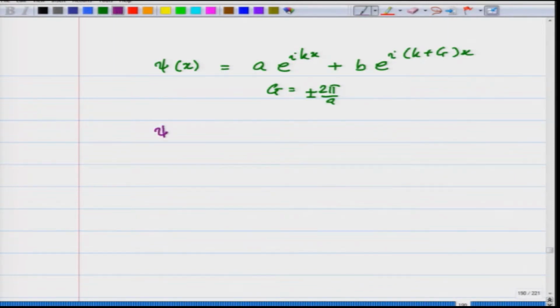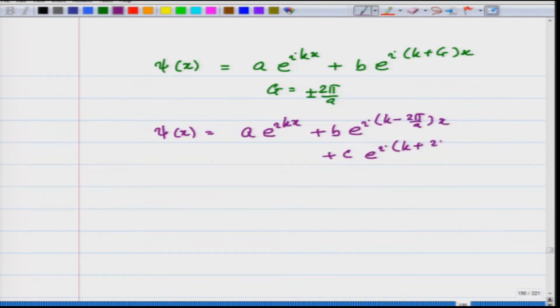Then I also showed you, if I take psi(x) to be a combination of 3 plane waves, A e^{ikx} + B e^{i(k-2π/a)x} + C e^{i(k+2π/a)x}, how I can get 3 bands, and this I will also give you as an assignment problem.